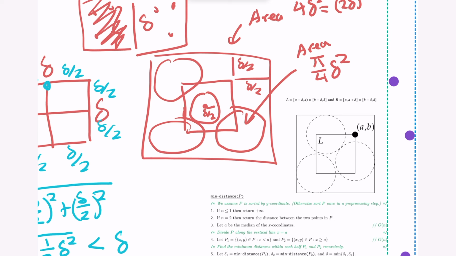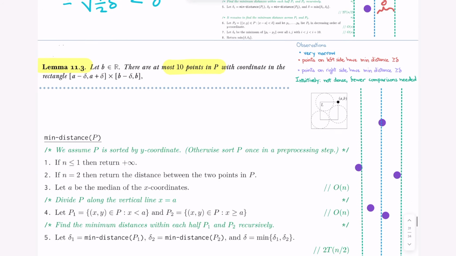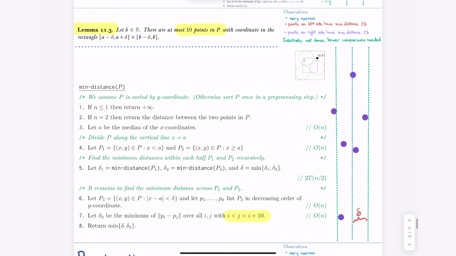So that's a volume packing argument, which is sometimes useful. Okay, but actually, I think this four quadrants thing is much more direct and probably better. But that would be a different approach, is to do this area thing. Okay, good. So once you establish that, so that means instead of 10, it could be like 8 or something. That's your algorithm. Yeah, you proved that you don't have to compare that far down the list.